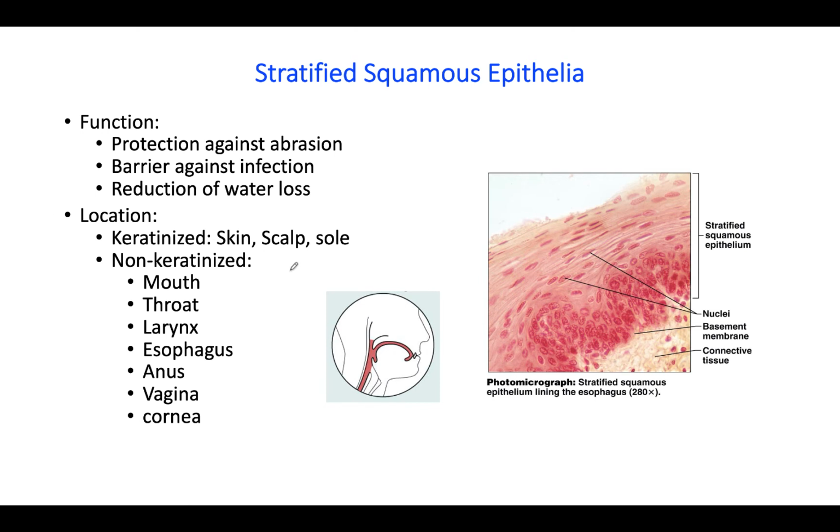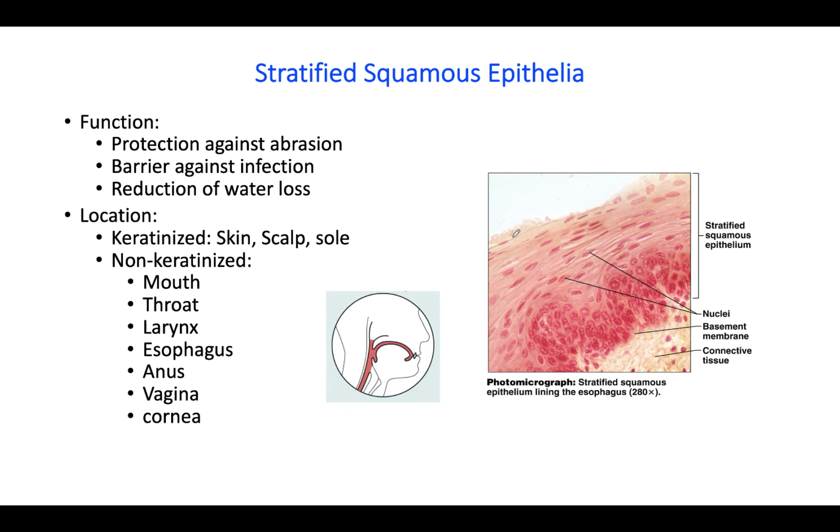I said there are some non-keratinized stratified squamous epithelia. Those tissues can be observed in the mouth, throat, esophagus, anus, vagina, and cornea. So inside the mouth, inside the cheek, you have stratified squamous epithelia, but they are not keratinized. So the lining of the mouth cavity is an example of non-keratinized stratified squamous epithelia.